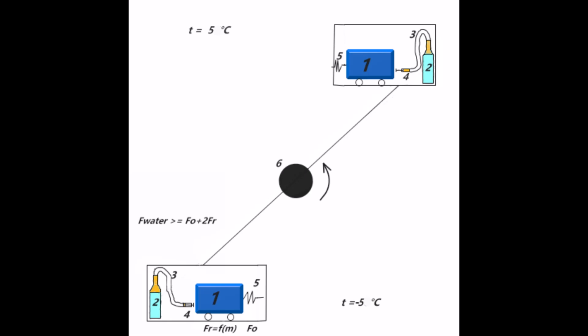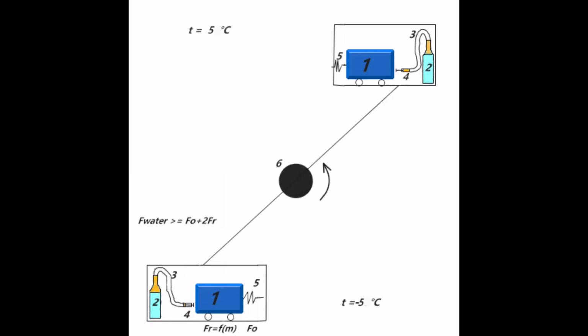The total force will be F0 plus 2 times Fr. The efficiency of the system will depend on the values of the friction forces. The less friction, the more efficiency.